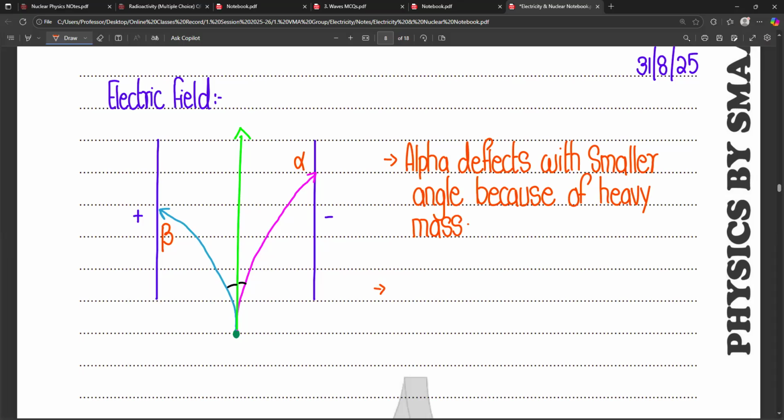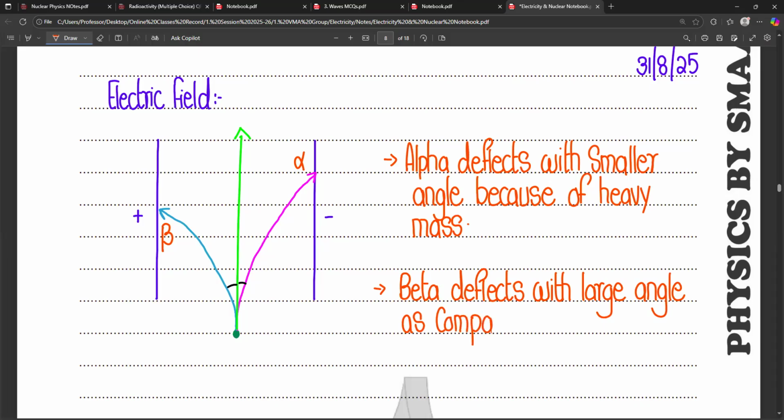And for beta, we can say beta deflects with greater angle as compared to alpha due to small mass, right?